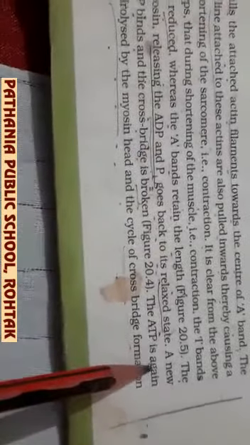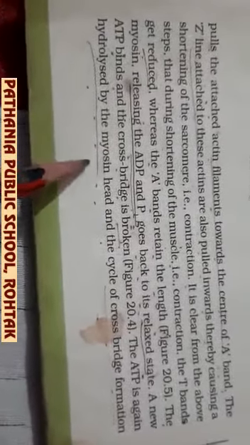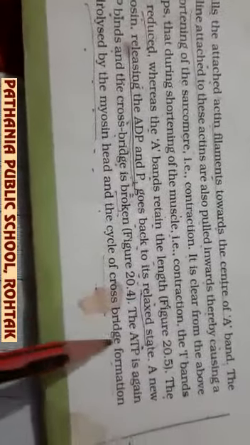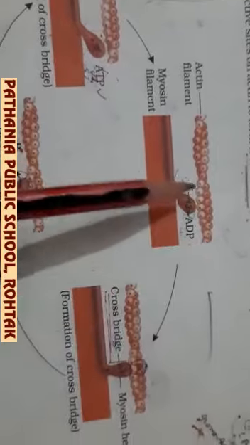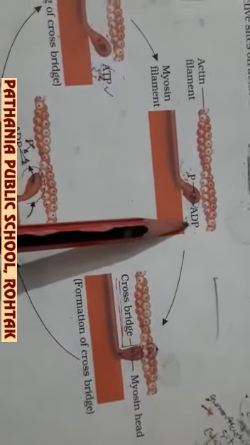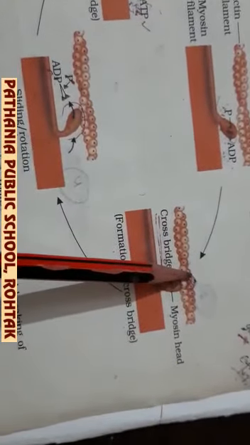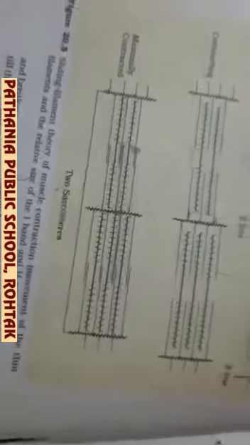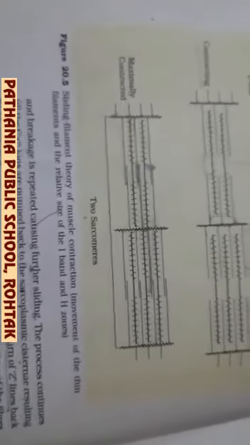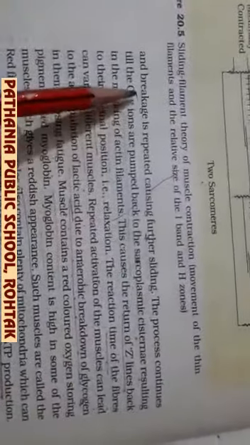And ATP is again hydrolyzed by the myosin head, and again the cross bridge will form. When this ATP is broken down, meaning hydrolyzed, the cross bridge forms again, and the muscle comes under the contraction stage again. So that is the contraction and relaxation of the muscle.